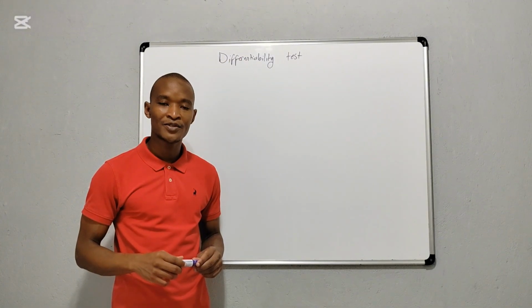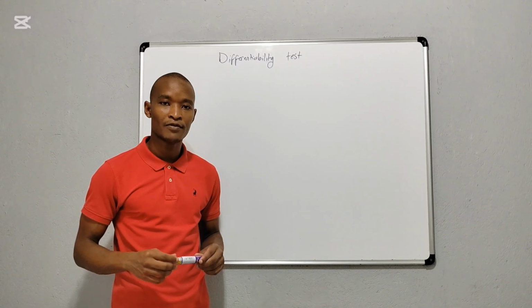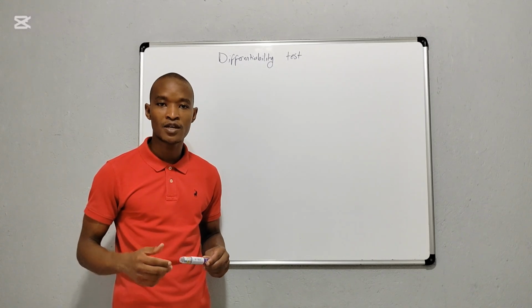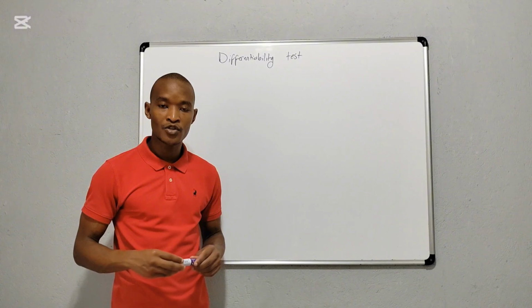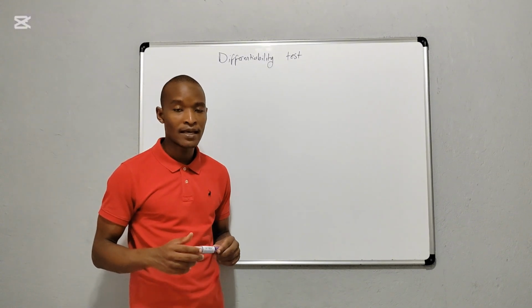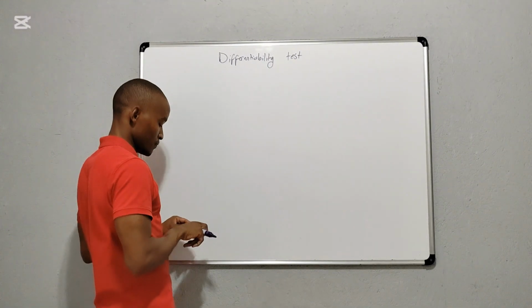Okay, so now we come to the differentiability test of functions, and to determine if a function is differentiable, two conditions must be met, and they are as follows, okay?